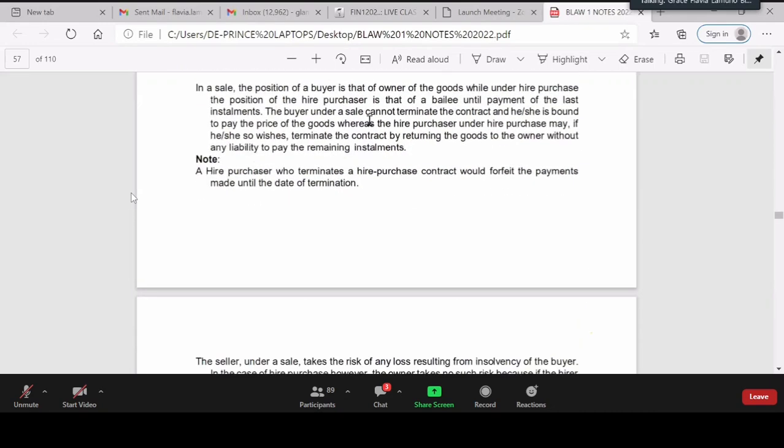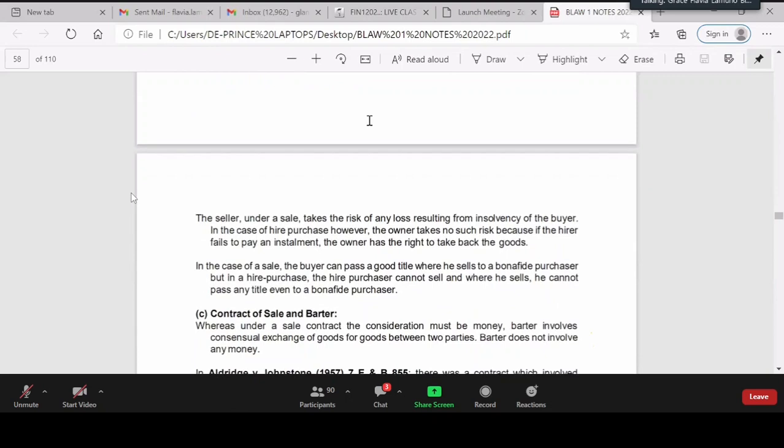So that is the fundamental difference between a contract for sale of goods and that of hire purchase. Then also when it comes to insolvency of the buyer, if it's a contract of hire purchase and the buyer becomes insolvent, meaning that you have so many debts and you're failing to pay your installments every month, then the owner has the right to recover the good from you, to come and take it away from you.